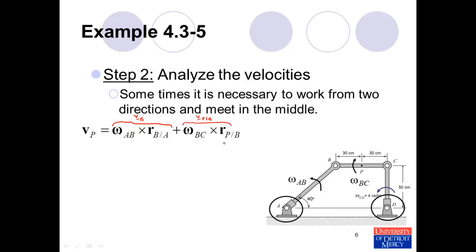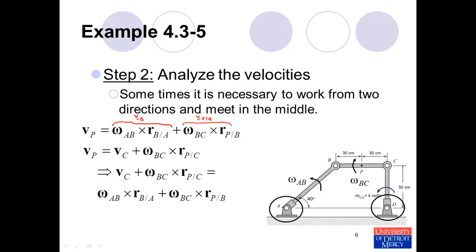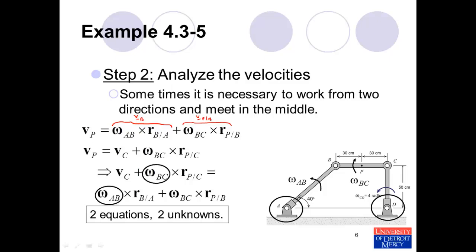So if we take this and use the relationship from the previous slide and set them equal to one another, we have two relations for VP. This is the relation starting from point A. This is the relation for VP starting from point D. We set them equal to each other, we have two equations and two unknowns.